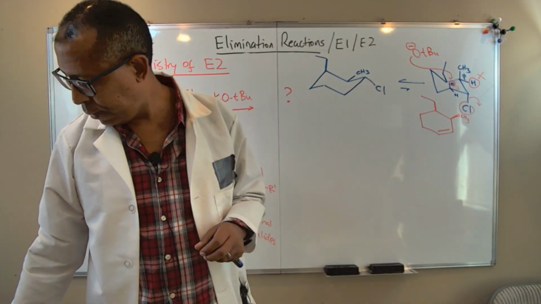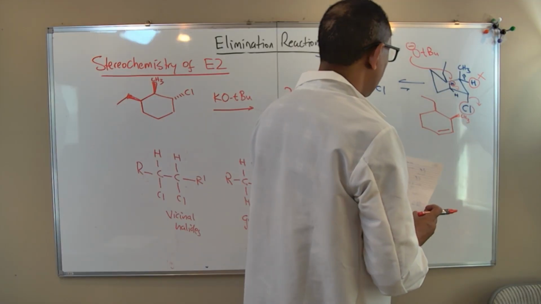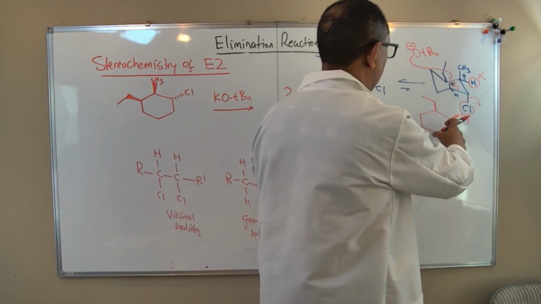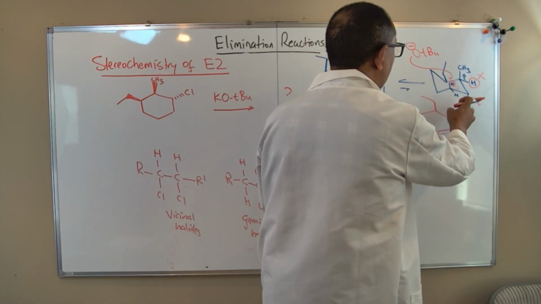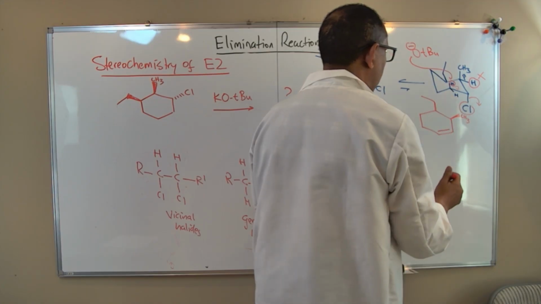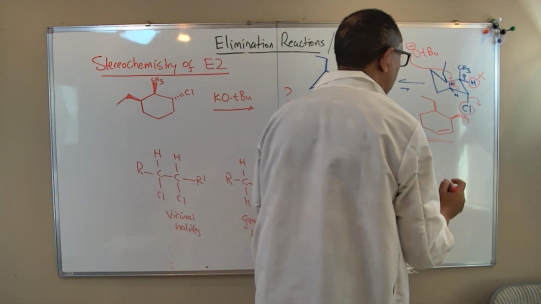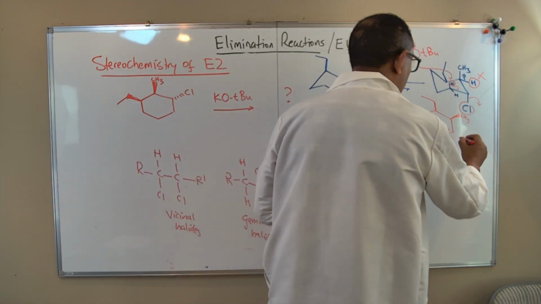Let me check. Yes, so that is the double bond right here, CH3 is next on that carbon, and the ethyl group. So this is the only product. This is the only major product.